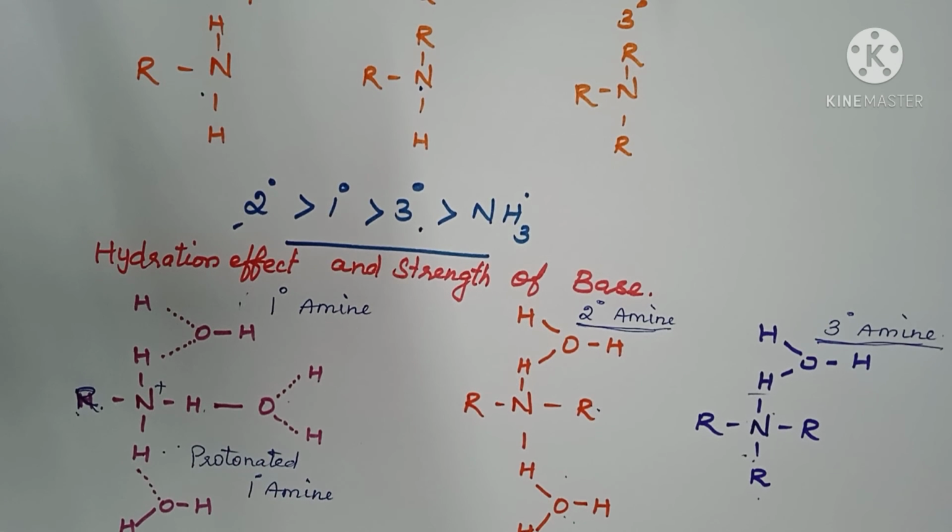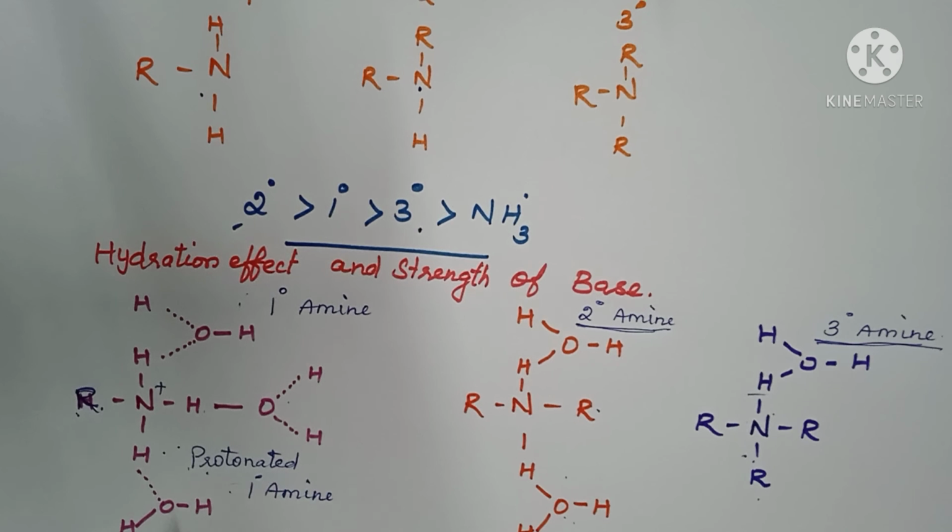In water, the protonated amines undergo hydration through formation of hydrogen bonds. The higher the number of hydrogen bonds formed with water, the more stable the protonated amine. So primary amine will be more stable than secondary and tertiary. Protonated primary amines undergo maximum hydration due to small size.